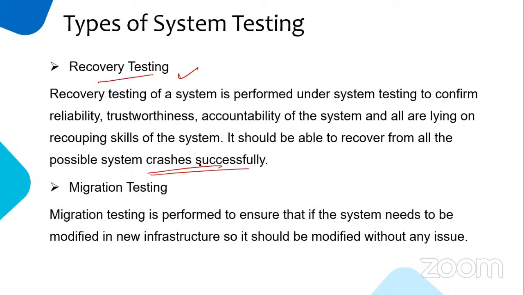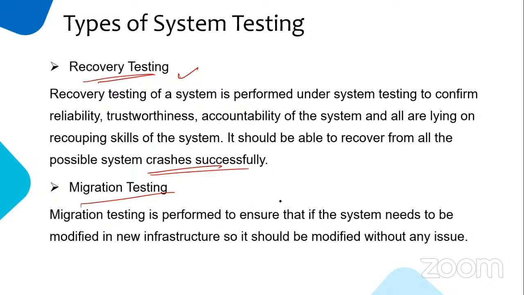They check the back end after a sudden crash. Say you have updated all the stocks available in the warehouse, and now suddenly it crashed. Can you recover? It should give the last updated value, so recovery testing will be done.